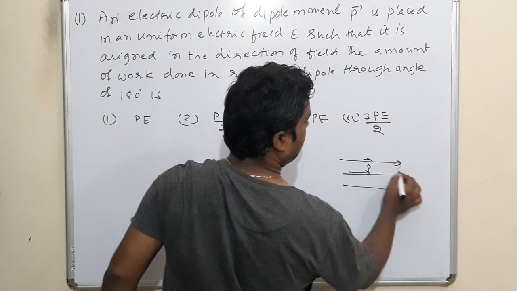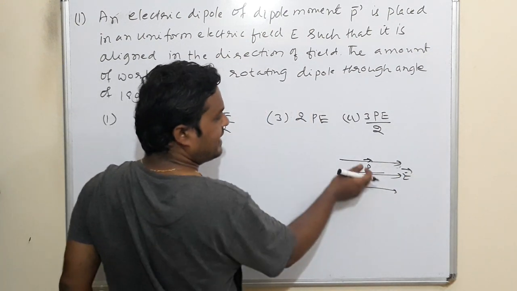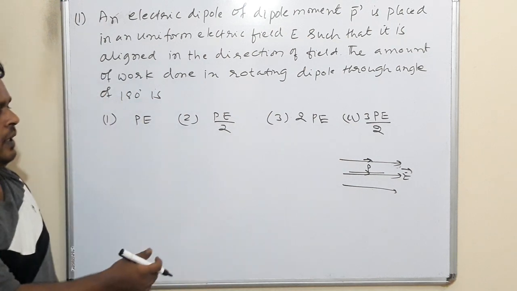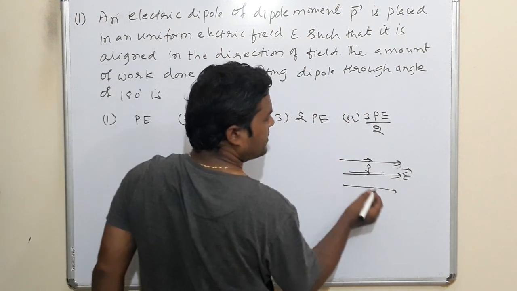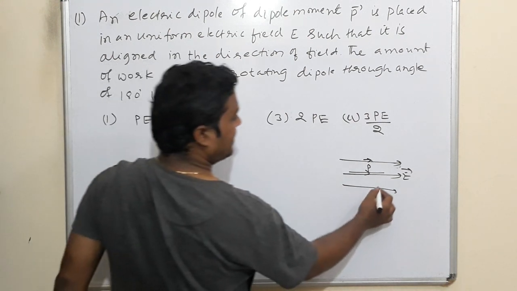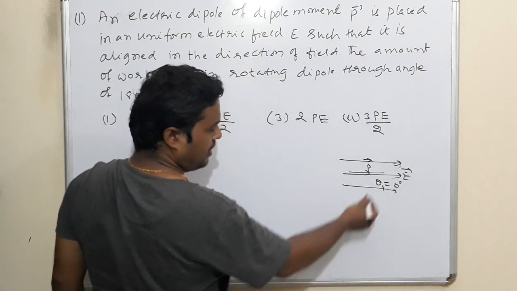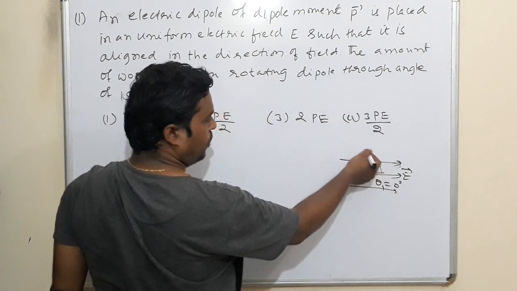This is P, this is E. That means it is parallel to E, at theta equal to 0 position. From this theta equal to 0 position, let us suppose it is theta 1, I should rotate it through 180 degrees.